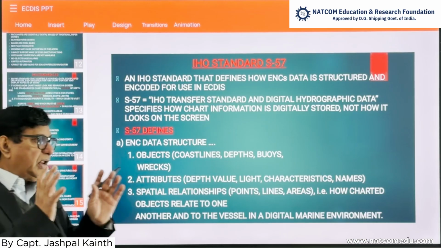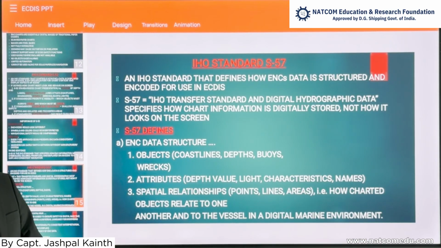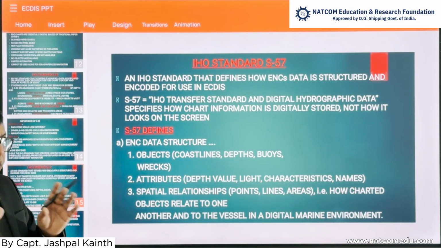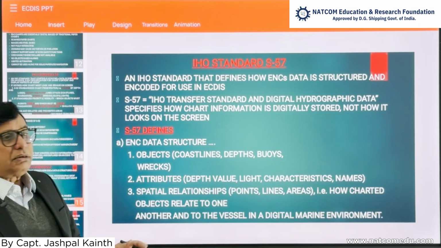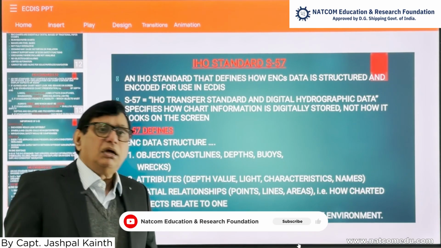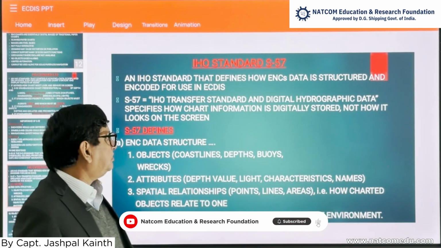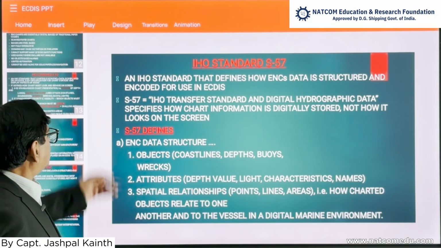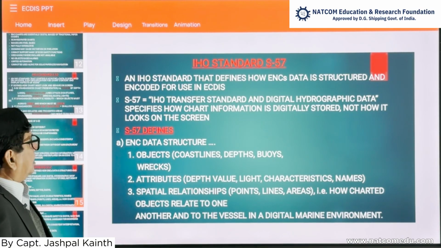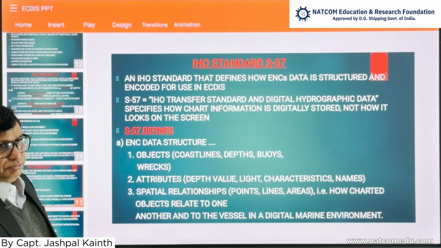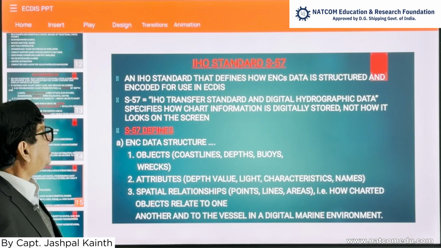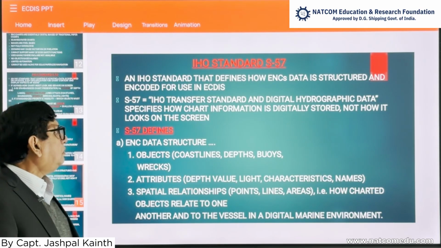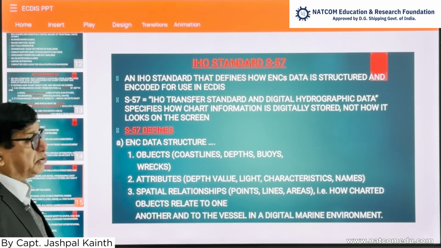So, every national hydrographic office making the ENCs has to make them based on this S57 and structured in such a way that no matter which national hydrographic office is making them, the objects must look the same and be consistent, which is given in the publication IHO Transfer Standard for Digital Hydrographic Data, which specifies how chart information is digitally stored and not how it looks on the screen.